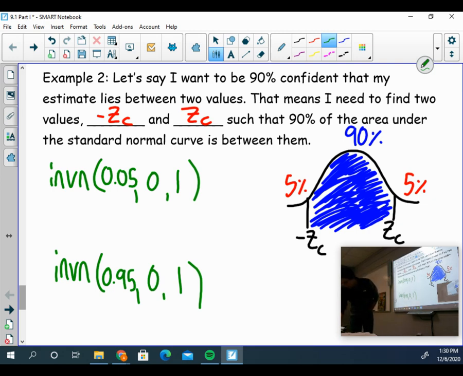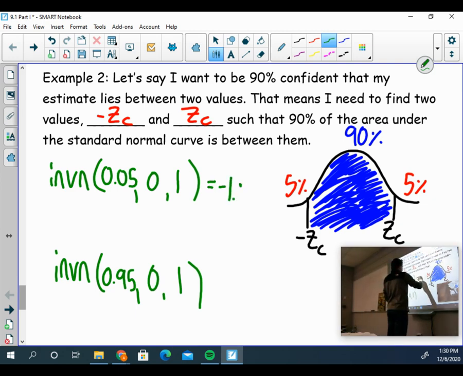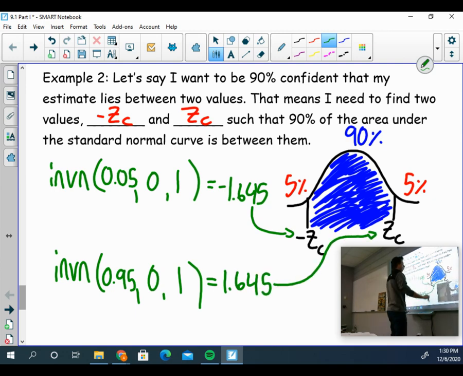When you run these calculations, you get negative 1.645, which would be your left critical value, negative z of c, and 1.645, your right critical value, z of c. Again, interpreting our answer here, I want to be 90% confident that my estimate lies between two values.